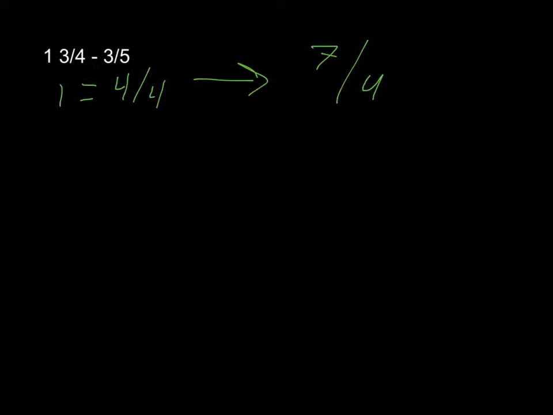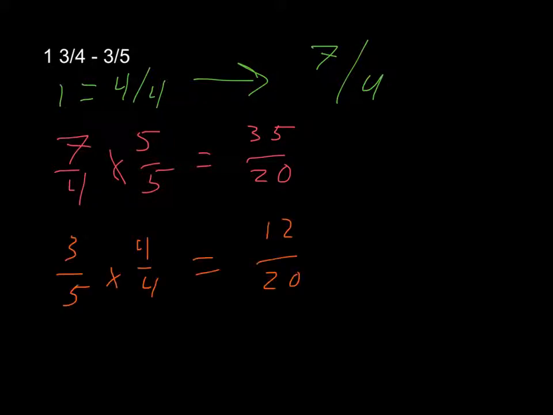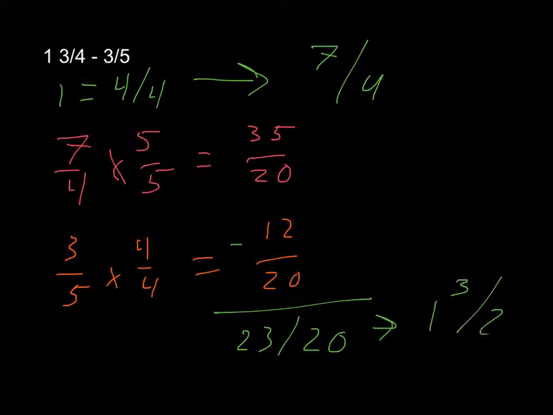Then we do the same thing as before, taking 7/4 and multiplying it by that common denominator, which gives us 35/20, and then we'll take 3/5 and find the common denominator, which we find to be 12/20. From there, we can take our 35/20 and subtract 12/20 to get 23/20, which simplifies to 1 3/20. Same solution, different way of getting there.